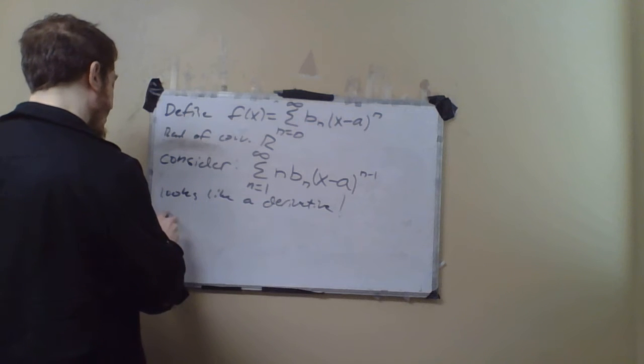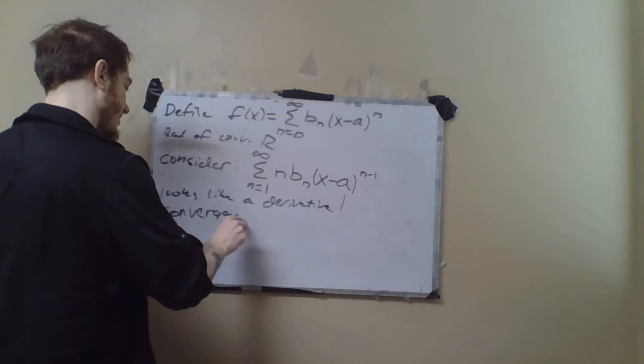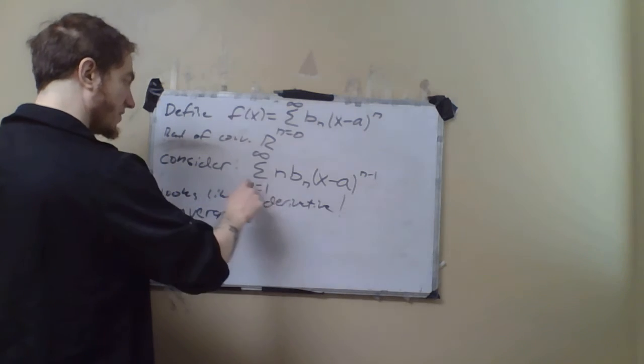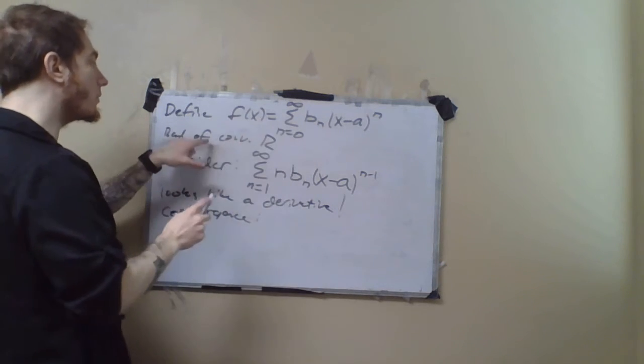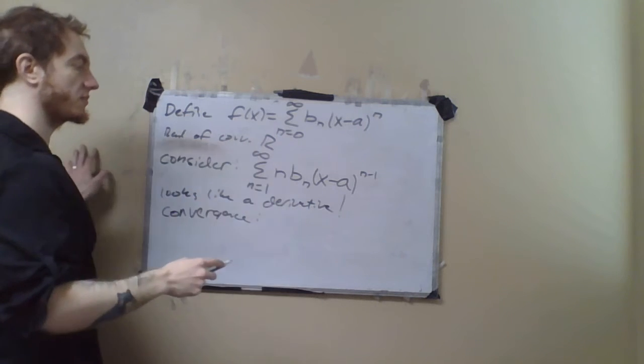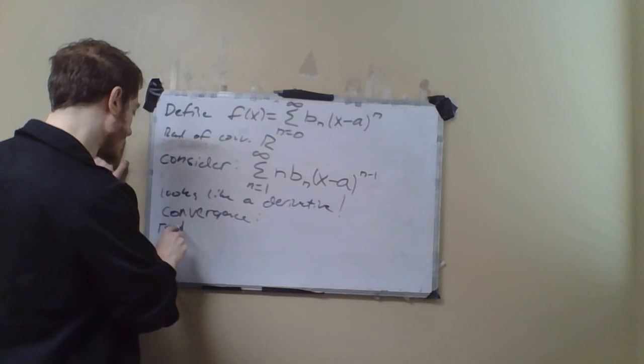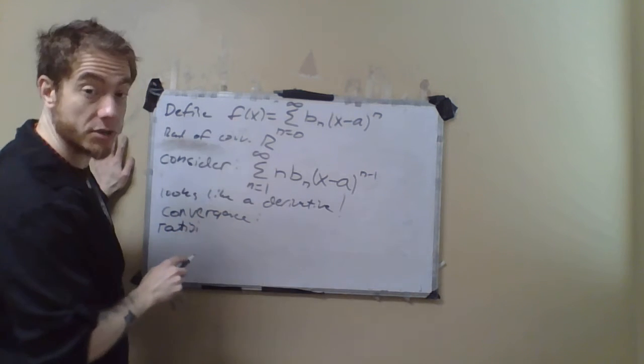Now, let's look at convergence of this sum, not the original f. We already know this radius of convergence. What is the radius of convergence of this new sum? Well, once again, let's use the ratio test.